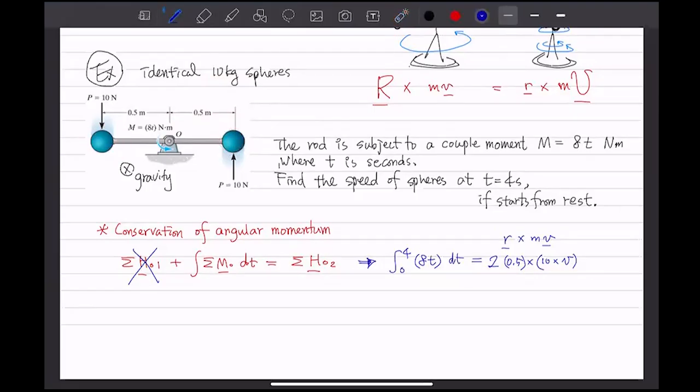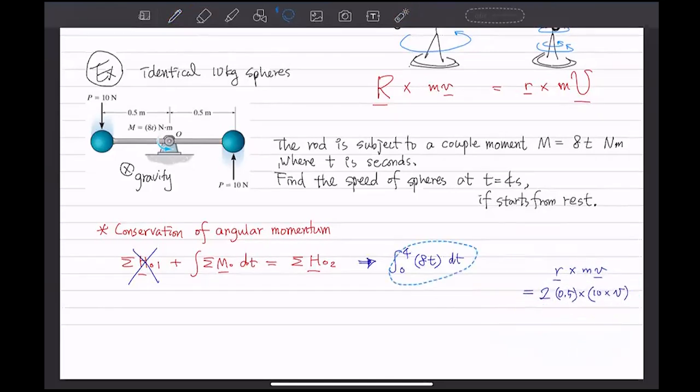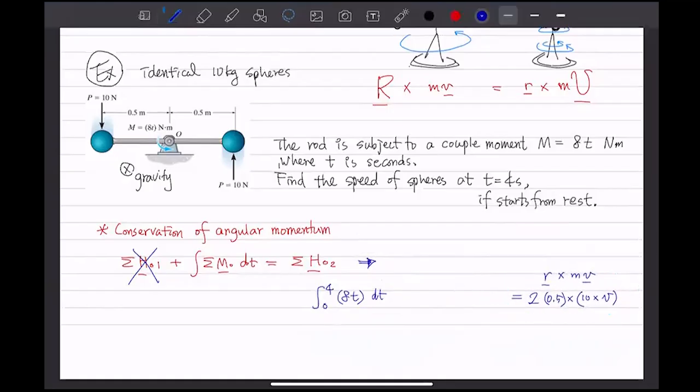So if you just do the math, this is 4 times 4 squared, and, oh, I just forgot about one part here. My apologies. This is actually going to be plus, from 0 to 4, 2 times 10 times 0.5 of dt.